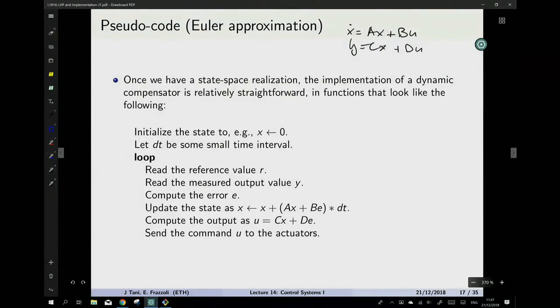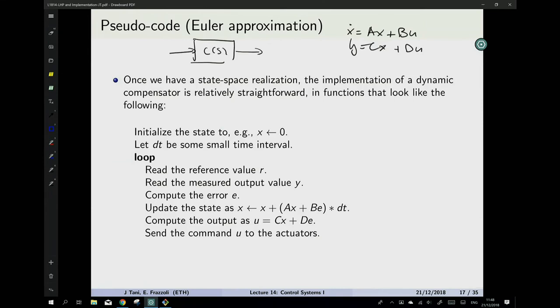Is it really like this? Maybe. Kind of. Yeah, kind of. Because really we're talking about the controller, right? Not the plant. So we're talking about how you implement a controller. So that's a transfer function of the controller, not of the plant.